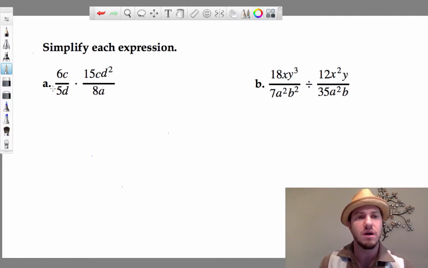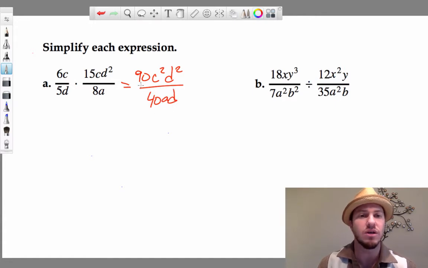So for this one, if I multiply straight across first, that's going to be 6 times 15 is 90. C times C is C squared, and D squared isn't being multiplied to anything. 5D times 8A becomes 40A times D. And now I can reduce.